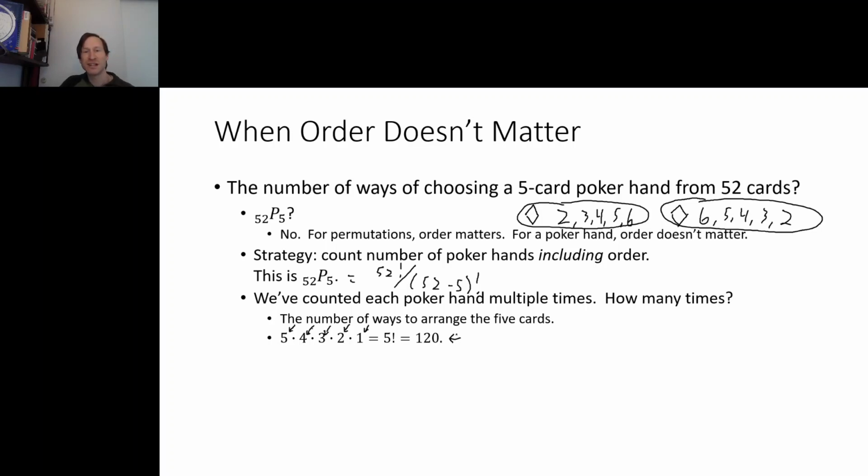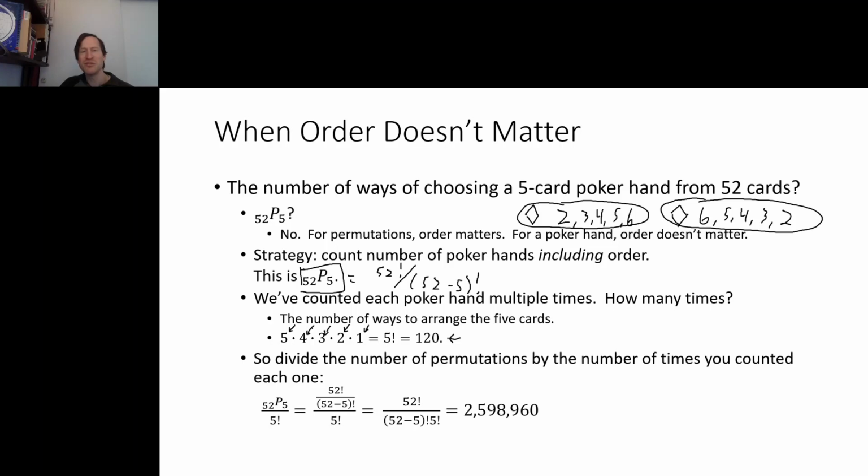So by finding 52 permute 5, we've counted every possible poker hand 120 times. So all we need to do is take the total number of permutations and divide it by the number of times we've counted each hand, which is 5 factorial. So 52 permute 5, that's 52 factorial over 52 minus 5 factorial, and we just divide that by 5 factorial.